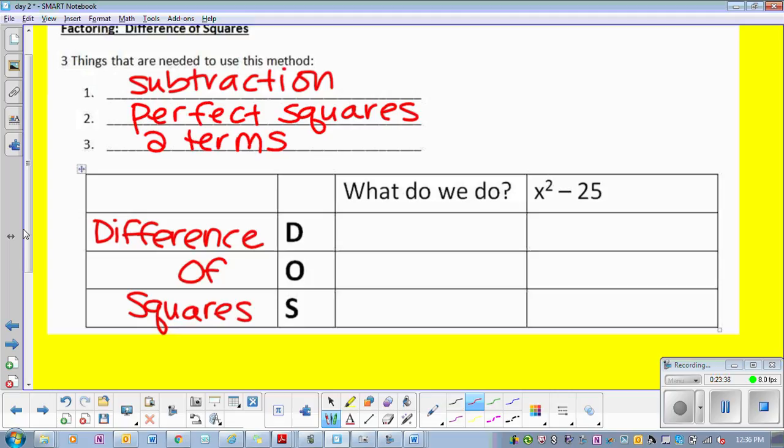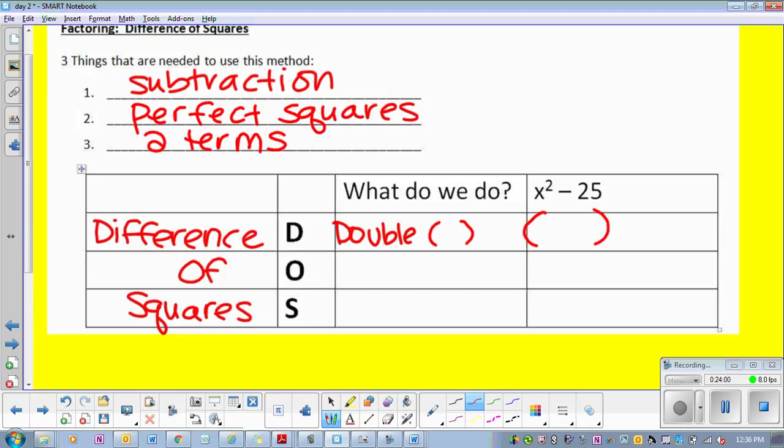Well, difference. Okay, D, what is this? Double parentheses. Okay, I'm going to shorthand it. I'm not going to write out parentheses. So that's double parentheses.